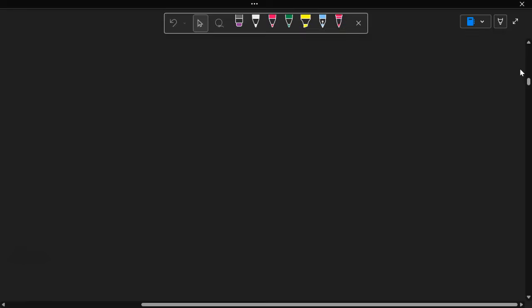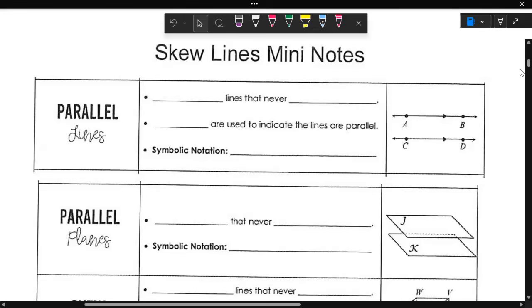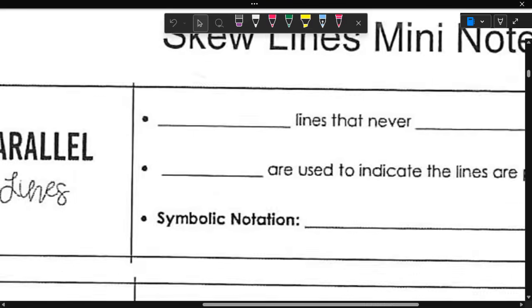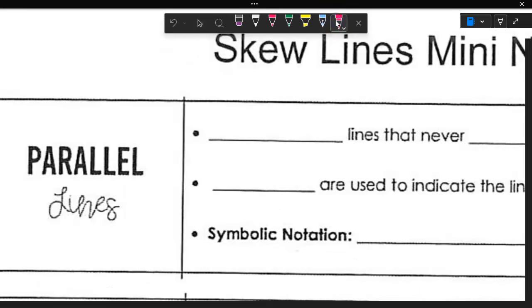All right, skew lines. So starting with parallel lines, these are coplanar lines that never intersect. Now, what is coplanar?